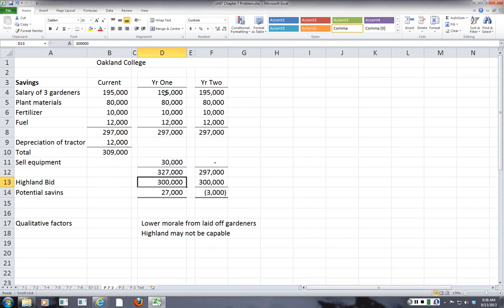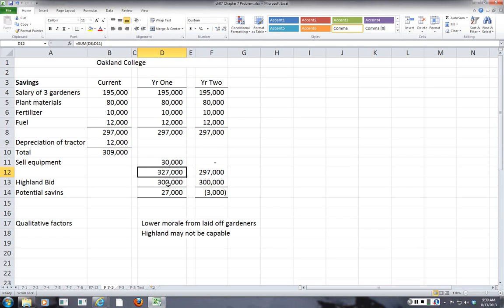So if they do that in year 1, they're going to save this $297,000, and they're going to eliminate that because they've got this depreciation that will go away. And one of the things they can do is sell that tractor, and it's for $30,000. So basically, they will save $327,000.